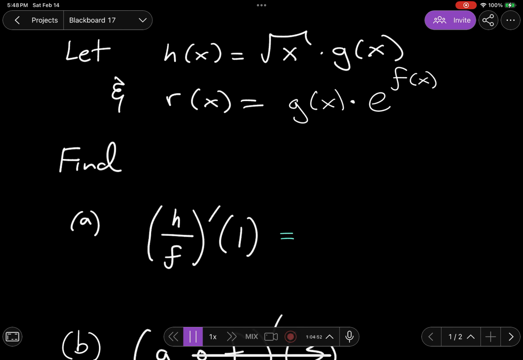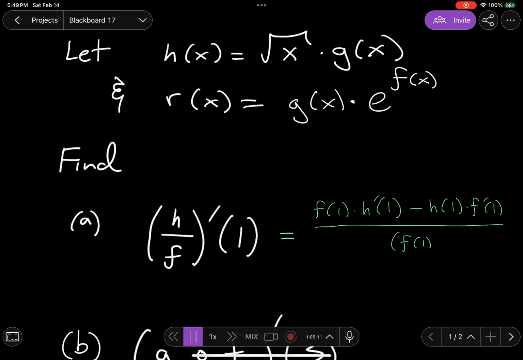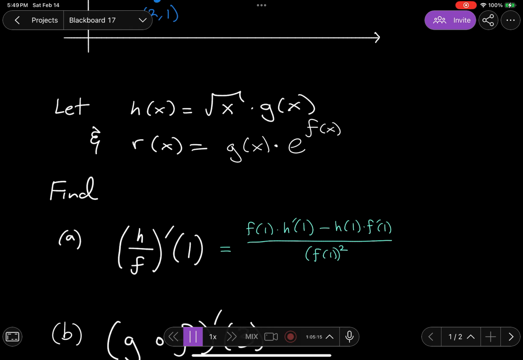This is the same thing as the bottom function evaluated at 1, so low, d high, h prime of 1, minus high, which is h of 1, d low, which is f prime of 1, all divided by the bottom function squared. Okay, so that was simply the quotient rule, and I immediately evaluated it at 1.